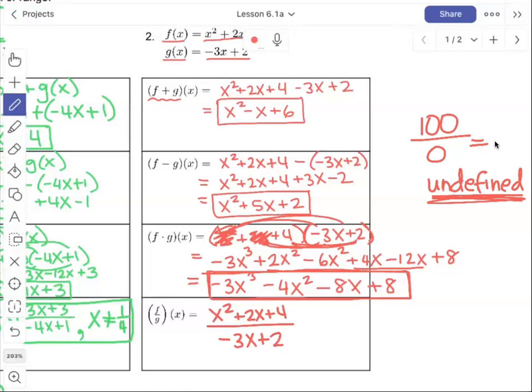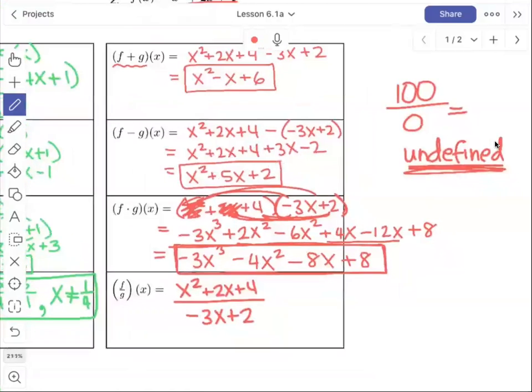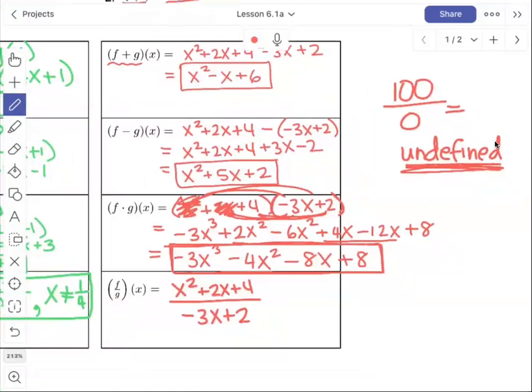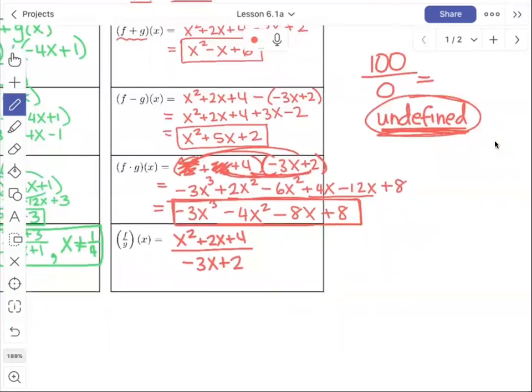So when I have this function that you just created, x squared plus 2x plus 4 over negative 3x plus 2, we have to make sure that it does not become undefined. And what makes that undefined is if the denominator, negative 3x plus 2, ends up being 0, that makes the whole fraction undefined, right? Yeah. Okay, so let's see what makes that denominator equal to 0.